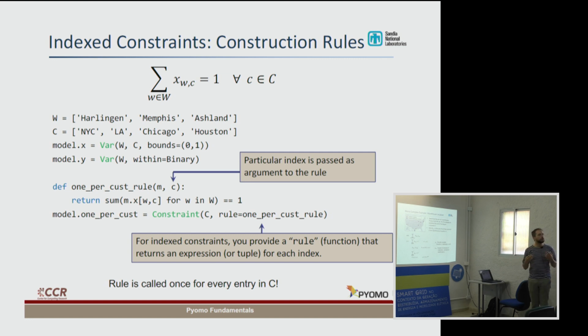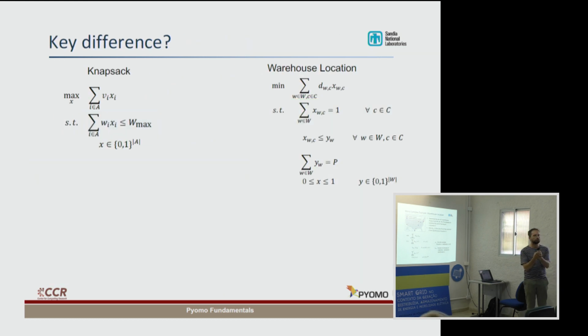It's integer because we can build a warehouse or a charging station, or not. And it's also linear because we have to consider that a warehouse can serve both this customer or this customer. So there is a variable between 0 and 1.